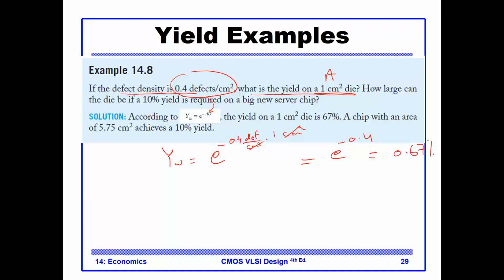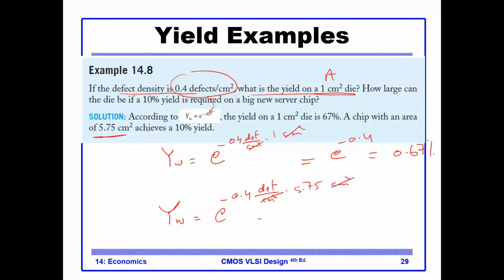Well, what happens if the chip area grows to this much? So Y, the yield of the die, equals e to the minus AD, which is 0.4 defects per square centimeter times 5.75 square centimeters.